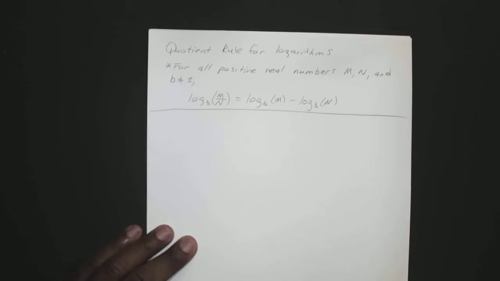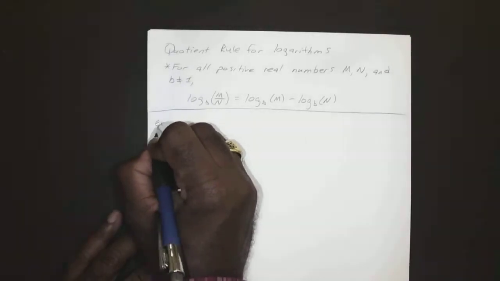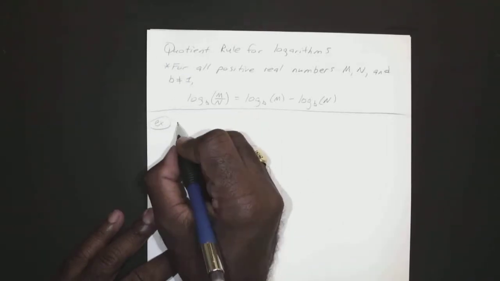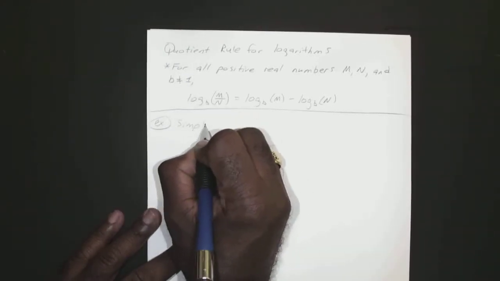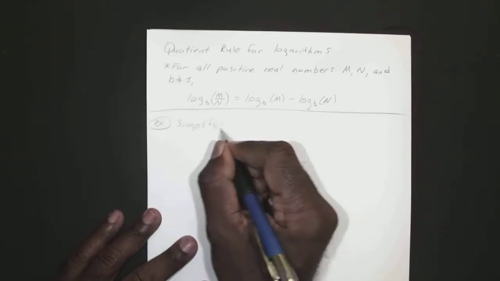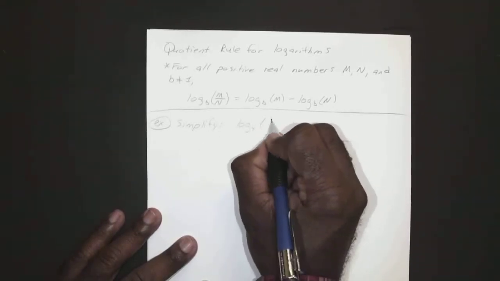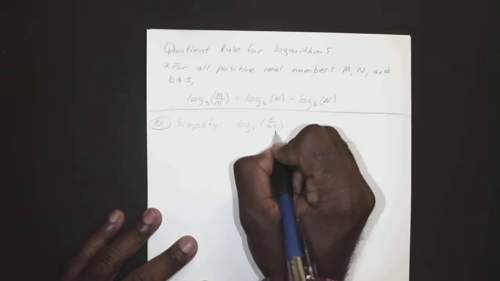Okay, so let's say, for example, if you wanted to simplify log base 4 of x over 64.